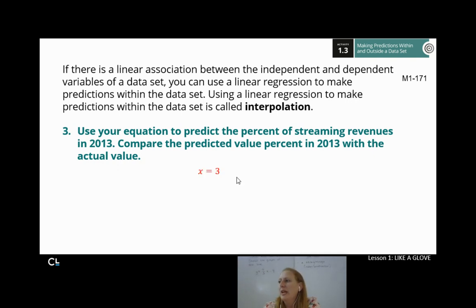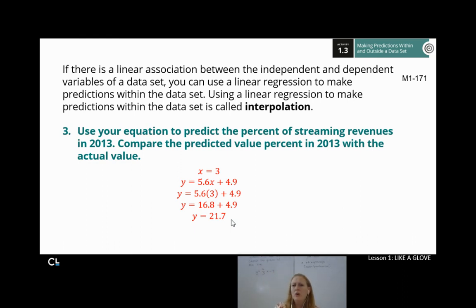So I said, all right, great, x equals 3. That's wonderful, because 2013, that's 3 years since 2010. So I'm going to say x equals 3. I'm going to go ahead and plug it into my equation. So instead of 5.6x, I'm going to say that's 5.6 times 3. I used my lovely calculator to multiply it out and get 16.8. And if I add that to 4.9, I got 21.7.